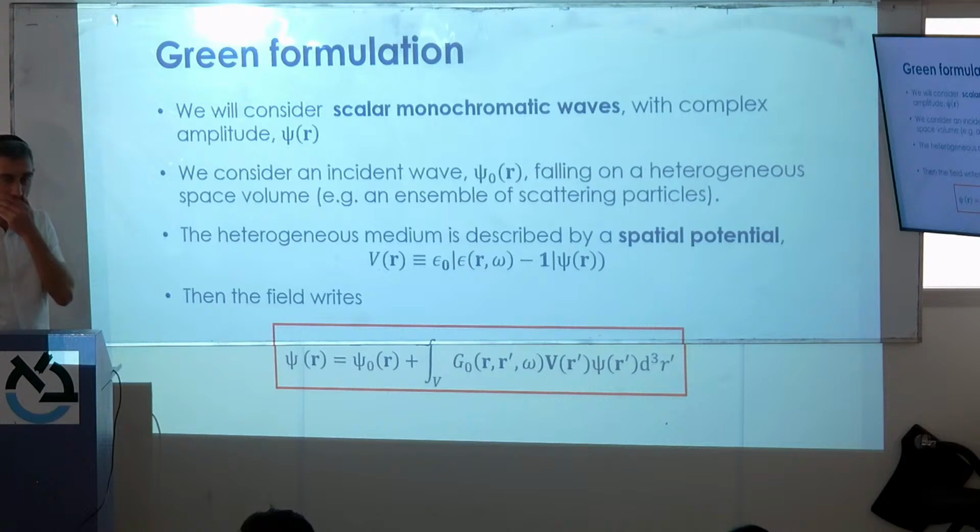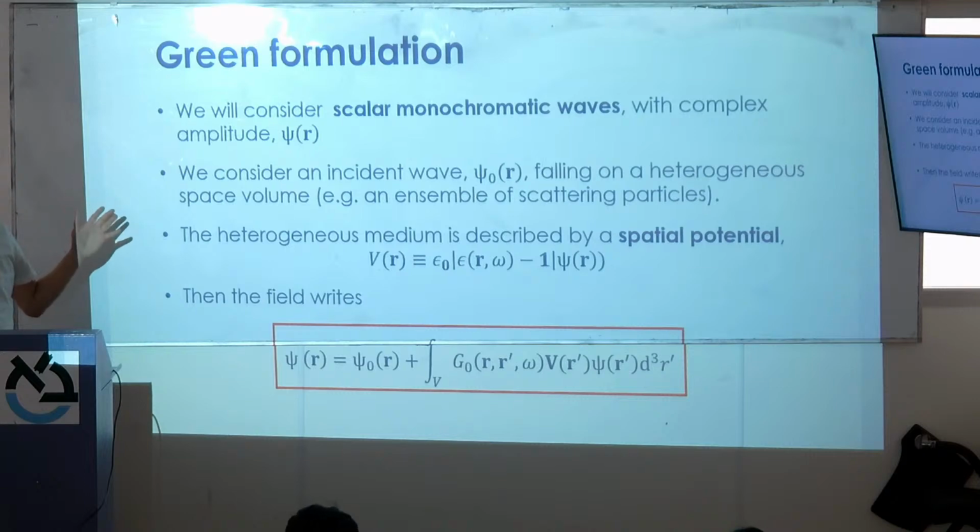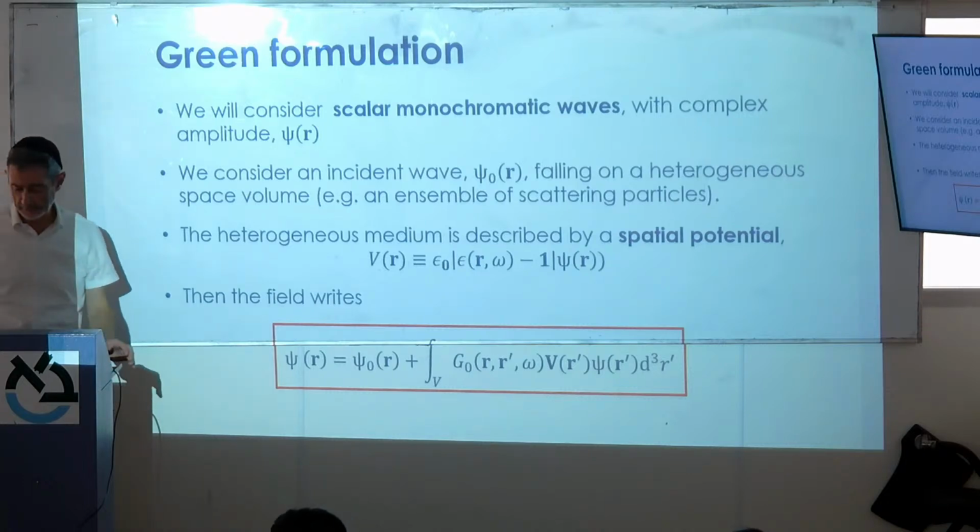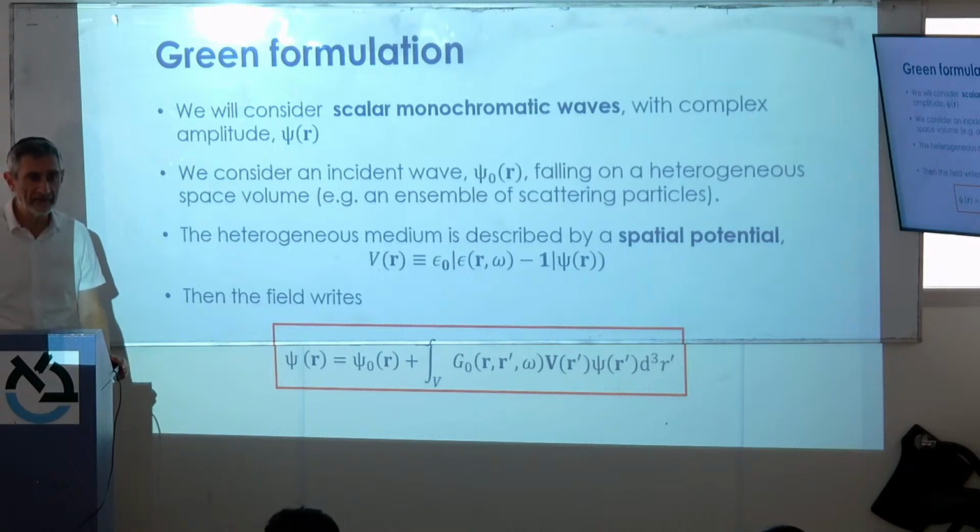What's the difference between psi and E from previously? Previously it was a general way to write it with vectors and operators for the Green function. Here I simplify the problem to a special case.